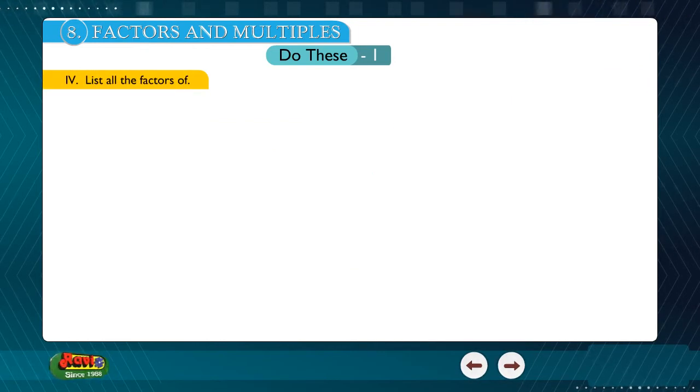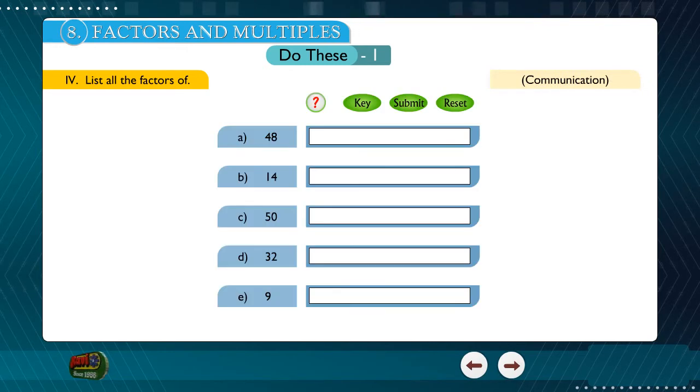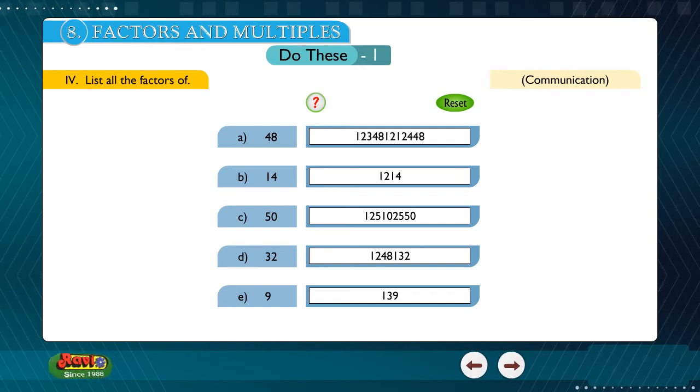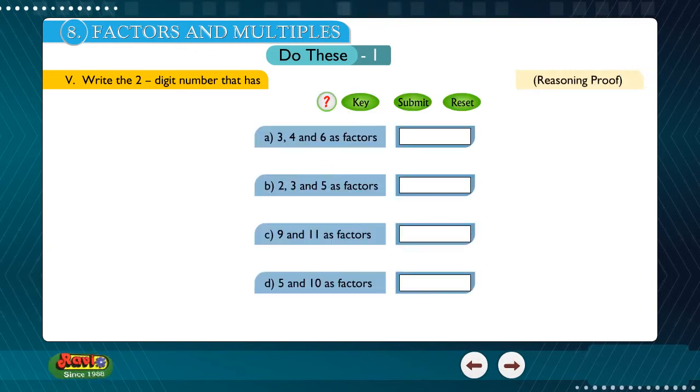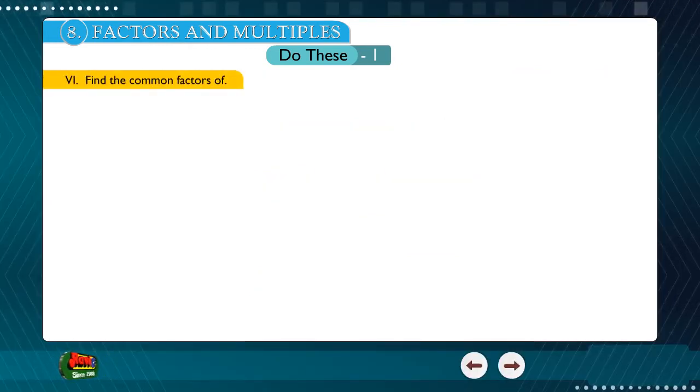List all the factors. 5. Write the two-digit number that has. 6. Find the common factors.